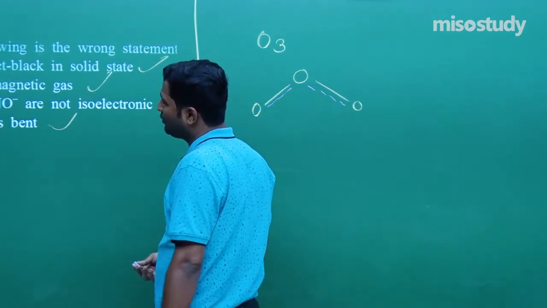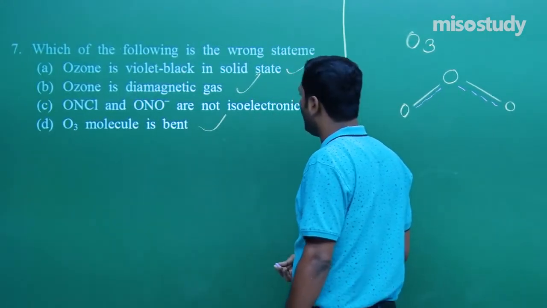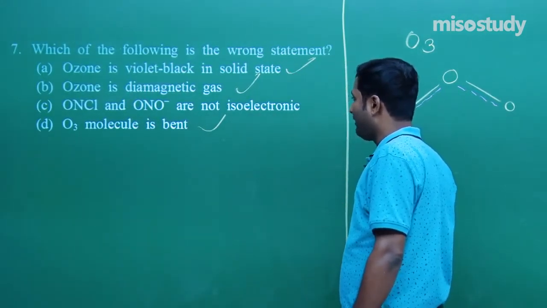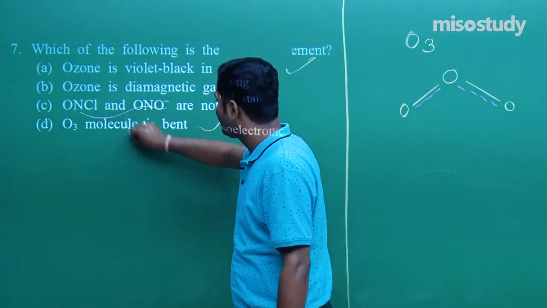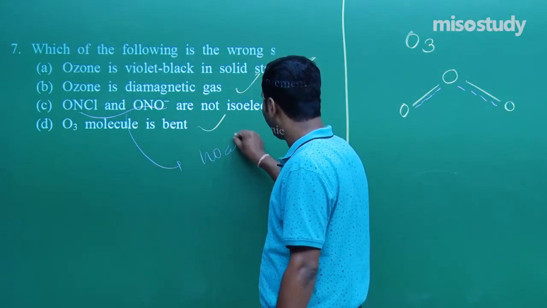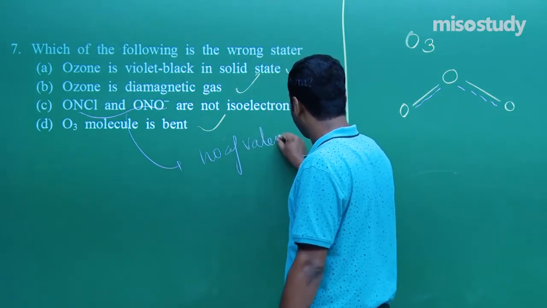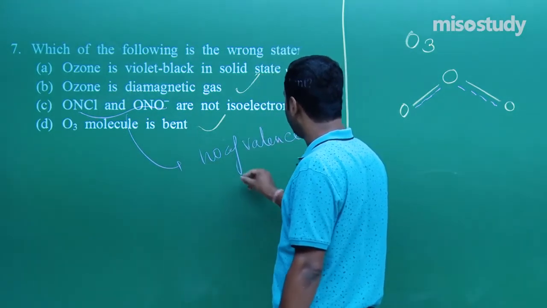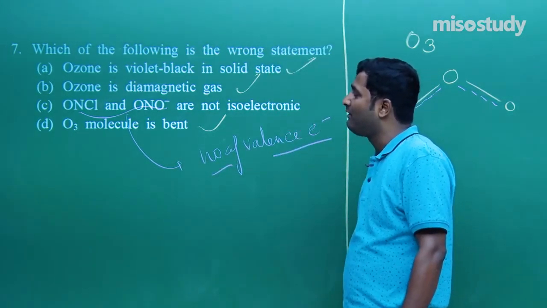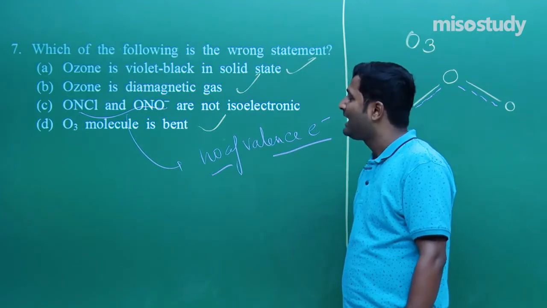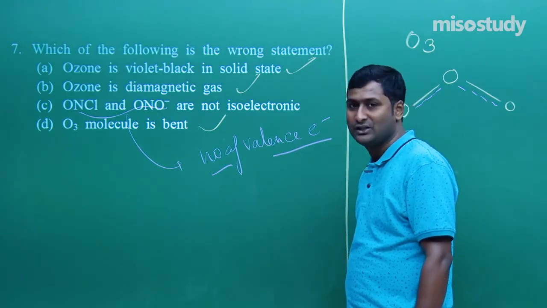But if I talk about ONCl and ONO minus, they are not isoelectronic. No, this one is not a correct option, because in this case the number of valence electrons is the same. If the number of valence electrons is the same, then we can say they are isoelectronic in nature.